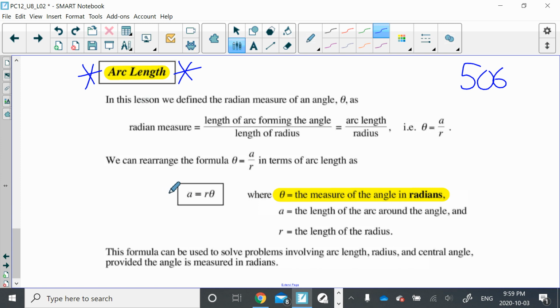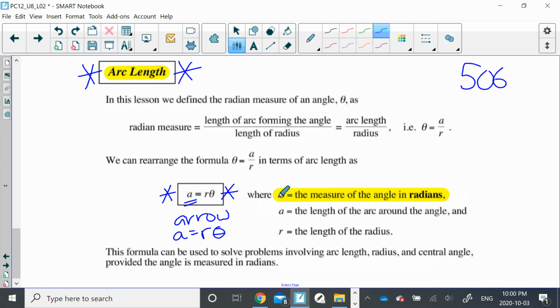Here's the formula that you need to know for arc length: A is equal to the radius times the angle measure. How I tell students to remember this is to think of arrow, A-R-R-O-W. So arrow is A is equal to R-theta, so it looks like arrow.